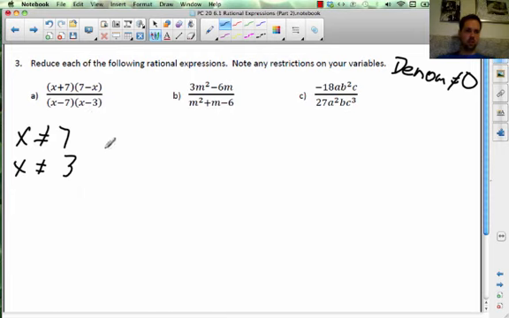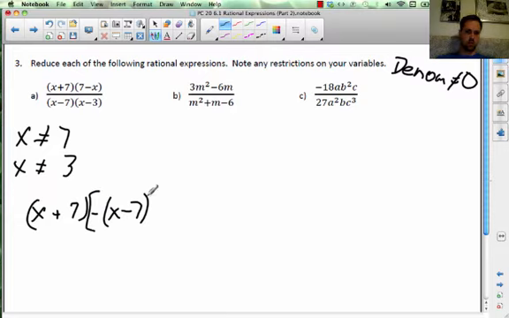Now let's see if we have anything that can cancel. The x plus 7 can't cancel with anything, because if we took a negative out of here, we'd get negative x plus 7, and that's not the same. 7 minus x, though, if we took a negative out of 7 minus x, the x becomes positive, and the 7 becomes negative, and it turns into the negative version of x minus 7.